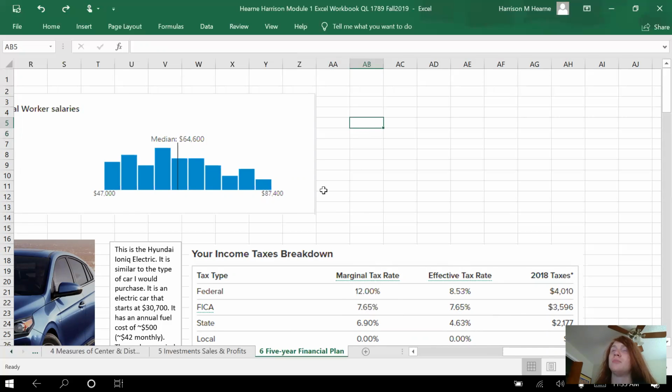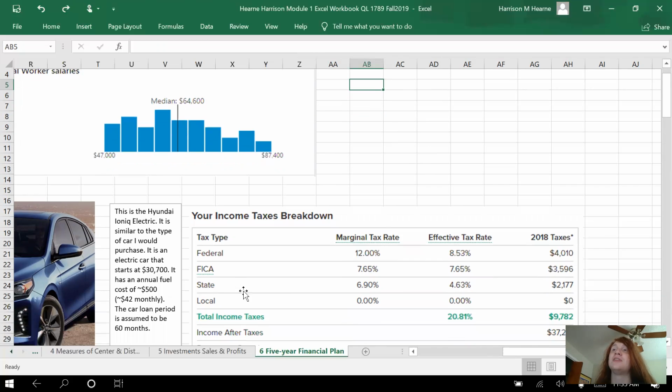Well, all that money that you made up to that $20,000 would be taxed at that tax bracket's rate. So that $20,000 would be taxed at the 8%, and then the additional $20,000 would be taxed at the next tax bracket, which would be 12%, which is why the effective tax rate has taken that into account, and why the effective tax rate is lower than the federal tax rate.